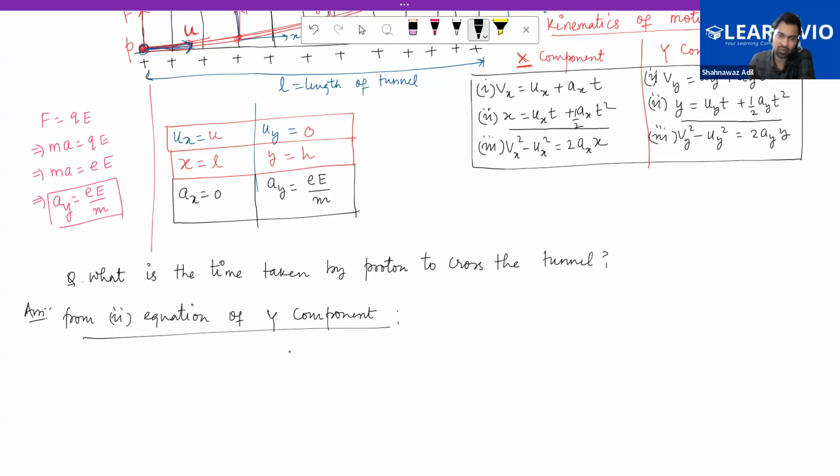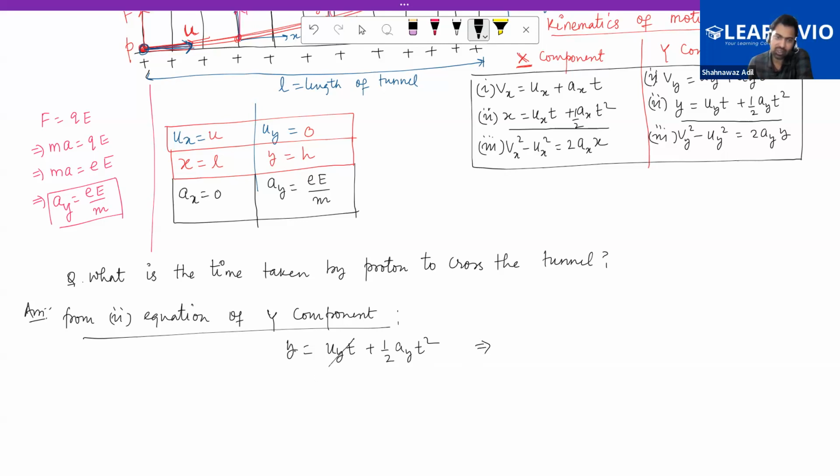What is that? We have y is uy t plus half ay t squared. This is my y, right? And I know that uy is 0, so this part is cancelled.